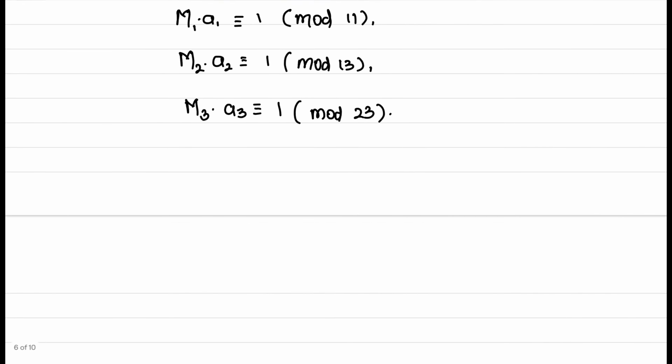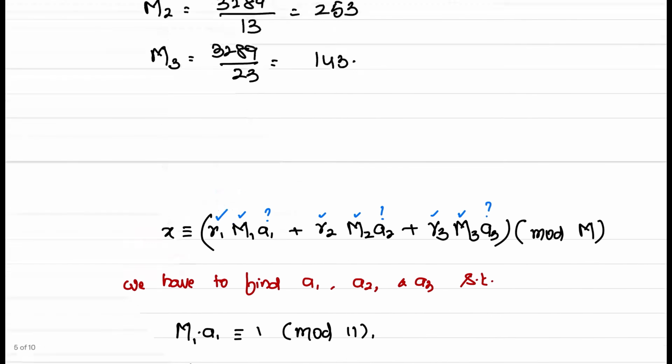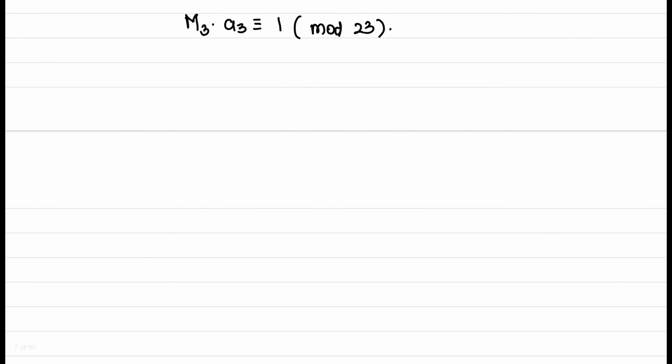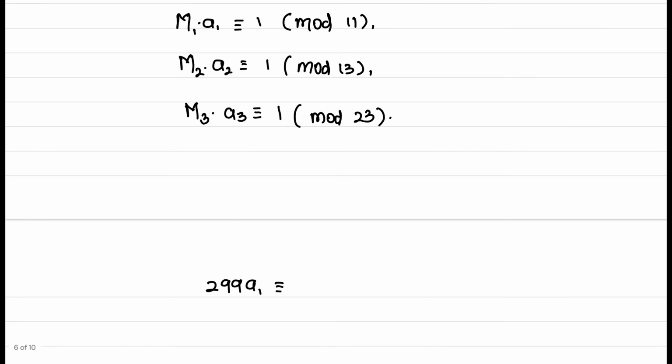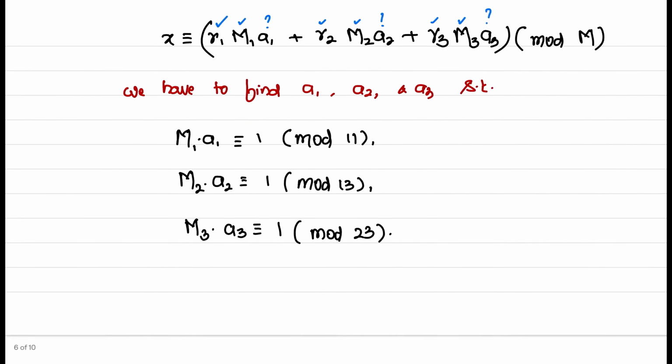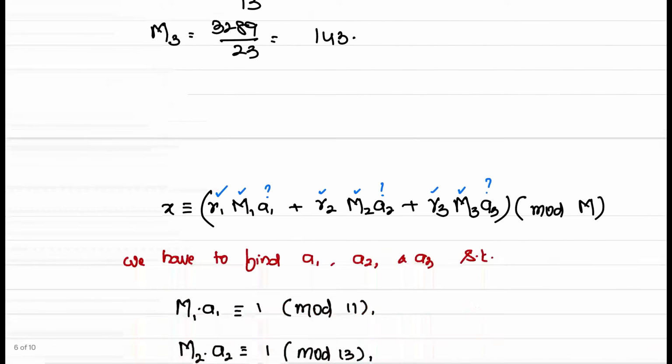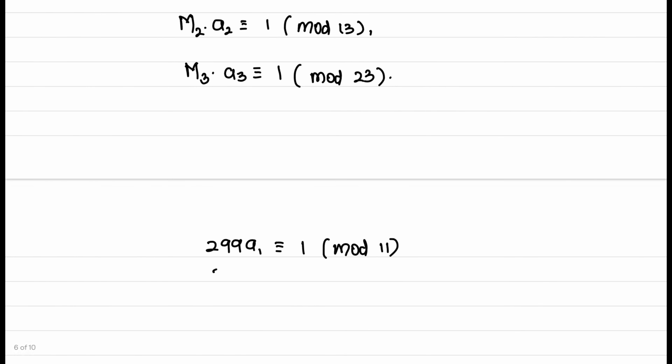That means, what is M1 here? 299. 299 A1 equivalent to 1 mod 11. This is all as per the Chinese Remainder Theorem. These are all steps required. M2 is 253. 253 A2 is equivalent to 1 mod 13.